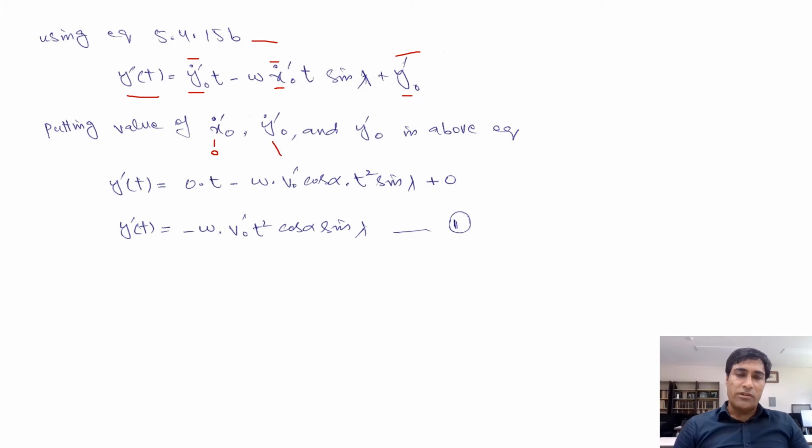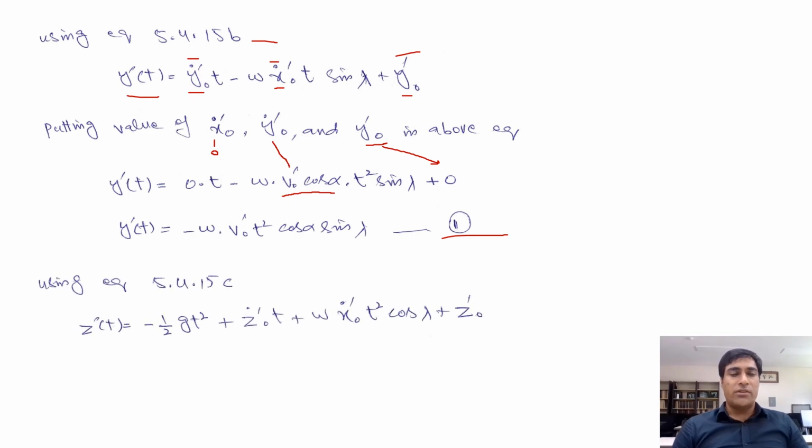We know that the position y dash is 0, and y dot dash is the value mentioned in the previous slide. After putting the values, y dash t equals minus omega v naught dash t square cos alpha sin alpha. So this is equation 1.